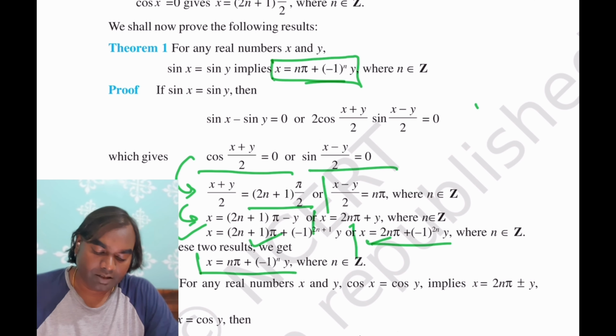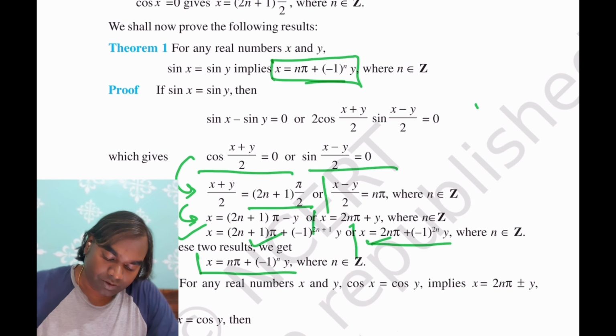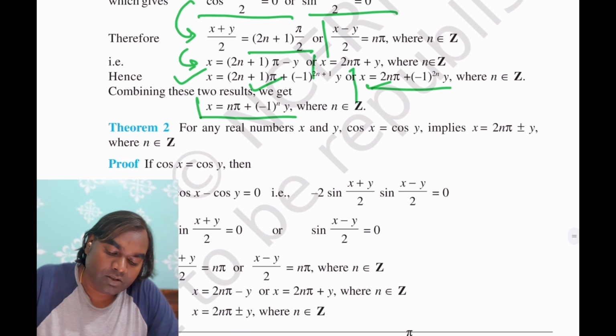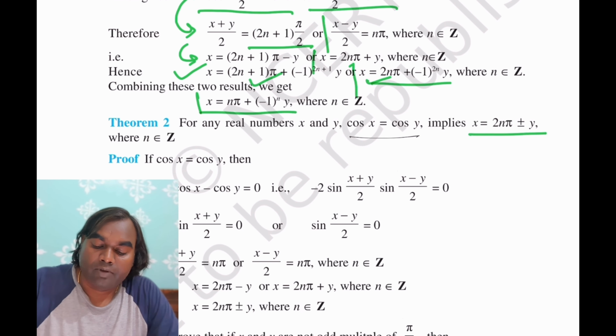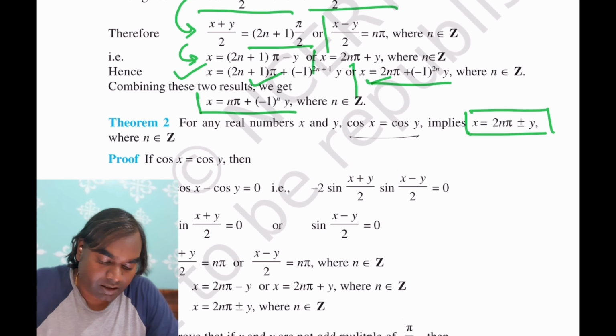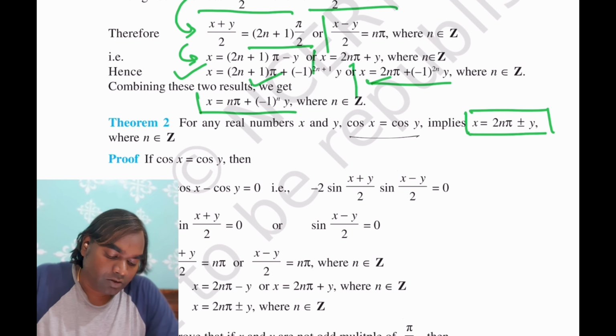So friends, similarly we can show that for cos x is equal to cos y, x is related to y by x is equal to 2n pi plus or minus y. So let us solve this. cos x is equal to cos y is given, that means cos x minus cos y is equal to 0.